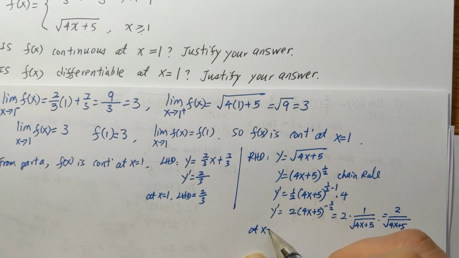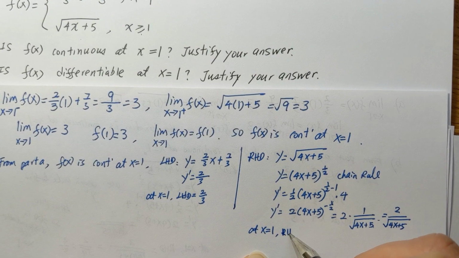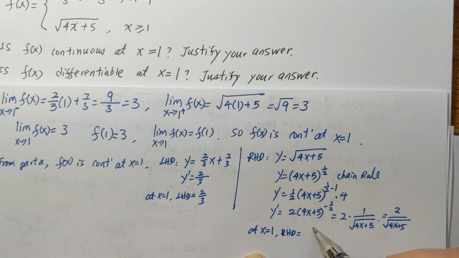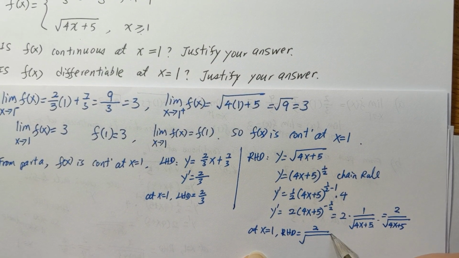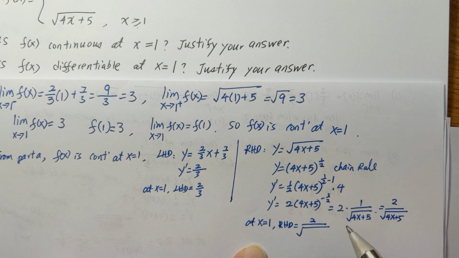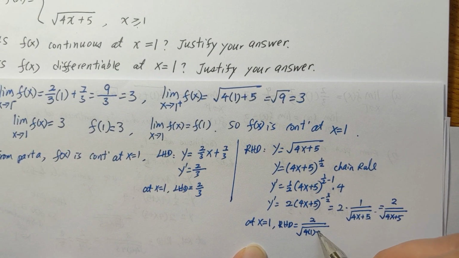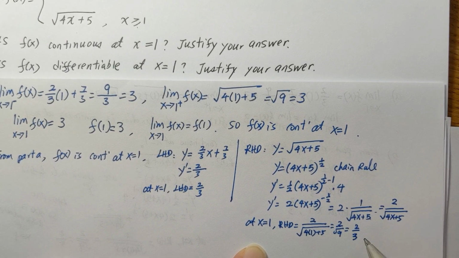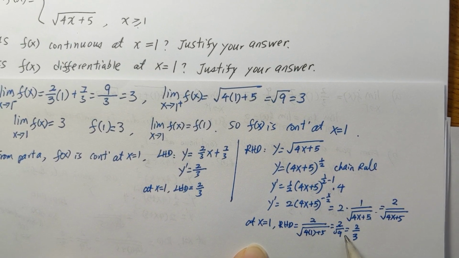So at x equal to 1, the right-hand derivative equal to 2 over square root of 4 times 1 plus 5. 2 over square root 9, that will be 2 thirds. So they are equal.